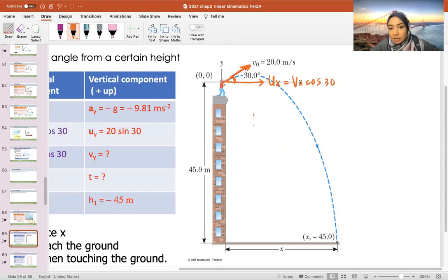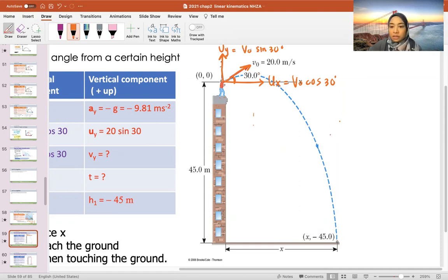Because why? The x-axis is touching the angle. So it gets the cosine. And then siapa yang tak touch the angle? In this case, it's the y-axis. So the uy gets the sine. So this is V0 sine 30 degrees. Okay, so this is our first step.